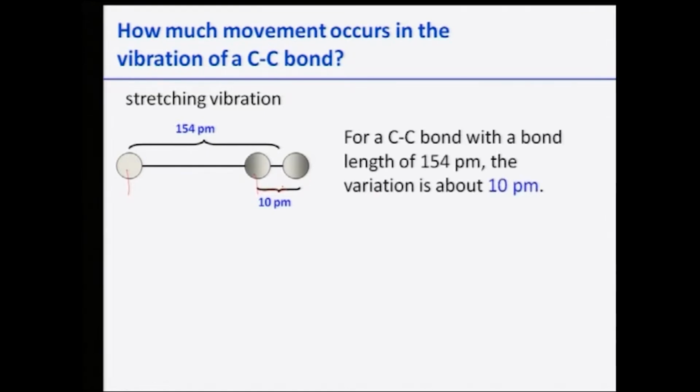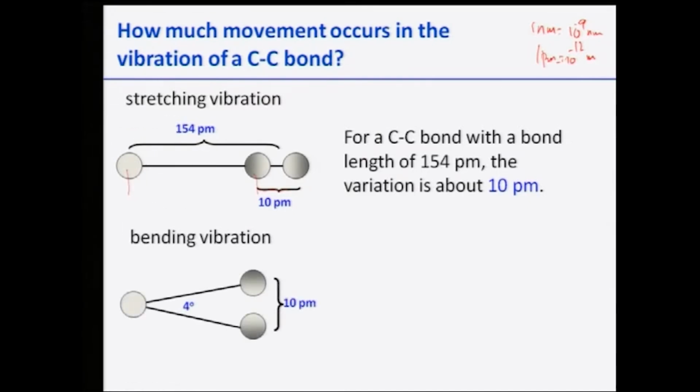One picometer is 10 to the power minus 12 meter, because we know 1 nanometer is 10 to the power minus 9 meter. So a bond length of 154 picometers is almost 0.15 nanometers. The vibration is much lower, about 10 picometers. That is the distance scale I am talking about.